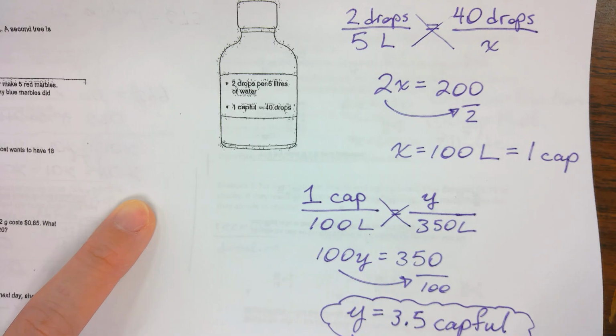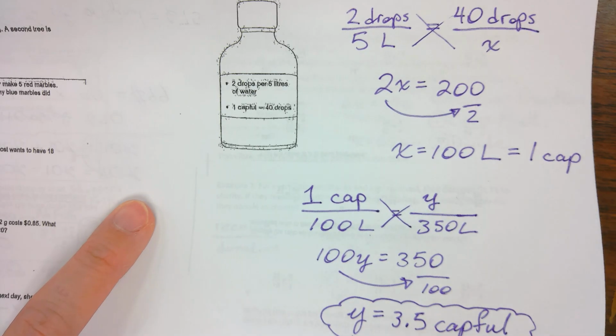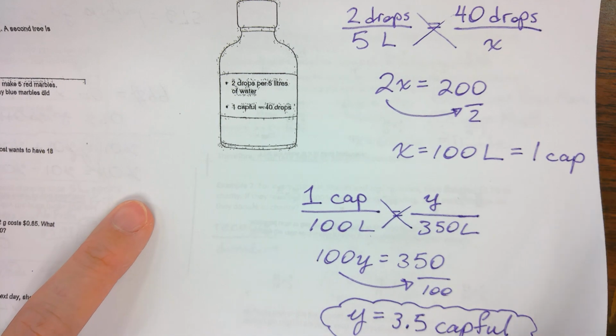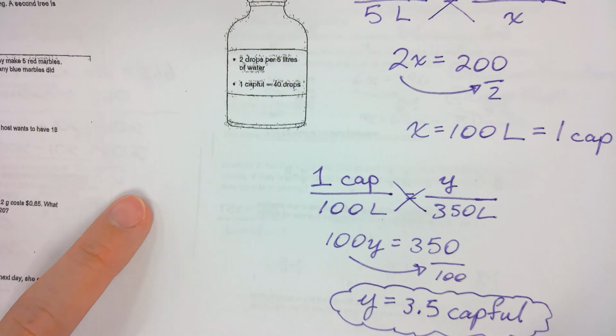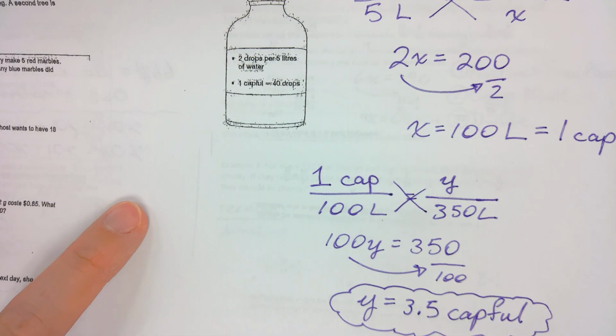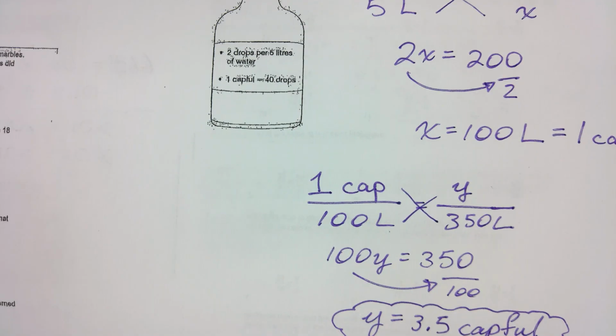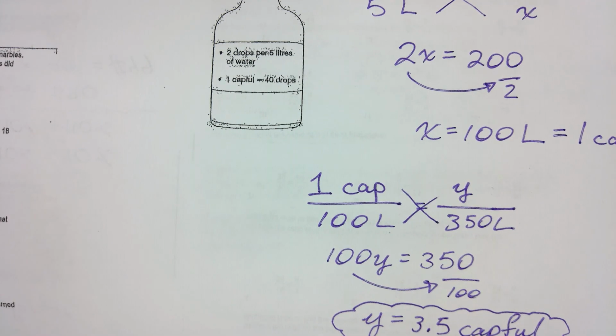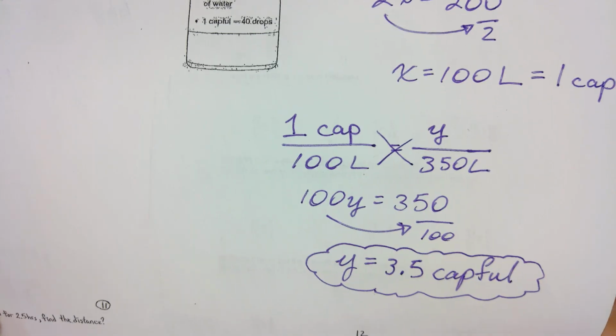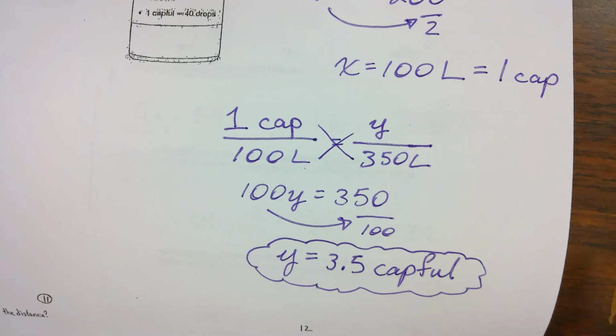Okay, how many of you got 3.5 caps? Okay, good. All right. So if you see this question on EQAO, you think you can do it? Okay. Yeah. So on the EQAO, what if we did it differently, but we still got the right answer? That's fine. And the difference with the EQAO nowadays is it's on the computer.